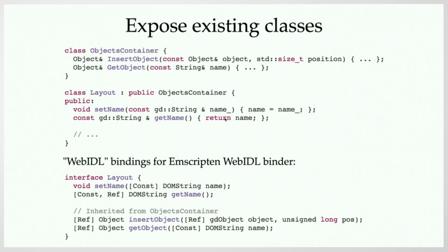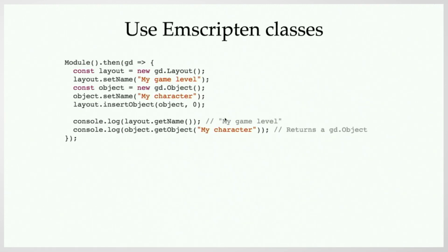The result is that once you run the binder and Emscripten, you get a nice interface that you can reuse. First, you have to instantiate the module that was created from Emscripten, and then you can create objects like usual JavaScript objects, set the name, so I'm calling a method and then getting back the result. So that's pretty easy to use.